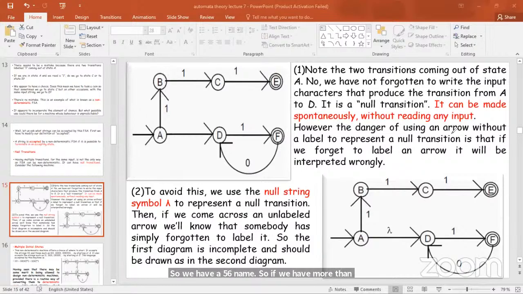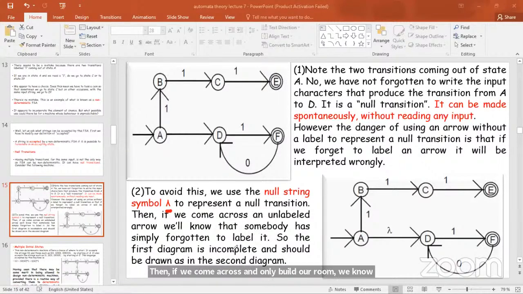Now, however, the danger of using an arrow without a label to represent a null transition is that if we forget to label an arrow, it will be interpreted wrongly. So to avoid this, we use the null string symbol, which is the lambda here, to represent a null transition. Then if we come across an unlabeled arrow, we know that somebody has simply forgotten to label it.